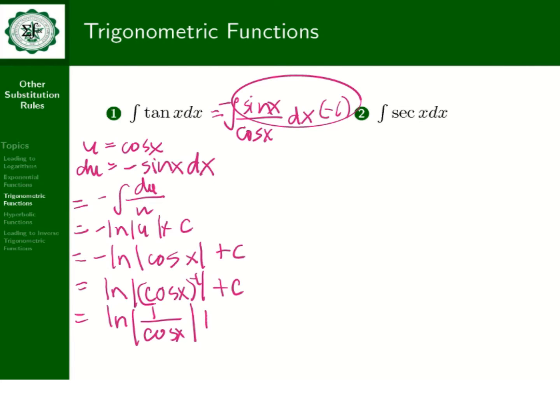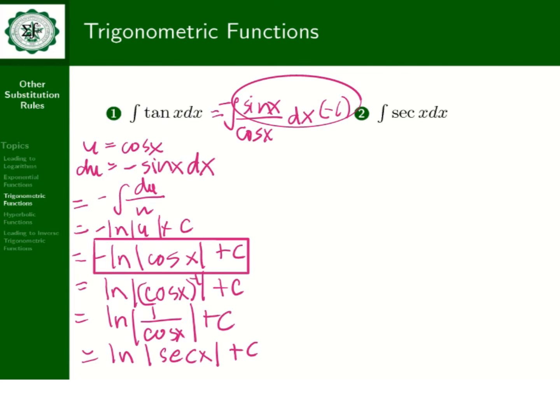So we put the absolute value. So finally, we know that 1 over cosine of x is the same as secant x. So for the integral of tangent x dx, we have either negative ln of the absolute value of cosine x plus c, or we can also use ln of the absolute value of secant x plus c.